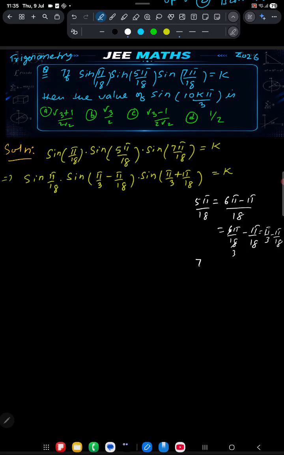Same way, 7 pi by 18 can be written as 6 pi plus pi by 18. So similarly you can get pi by 3 plus pi by 18. So this I have done here.